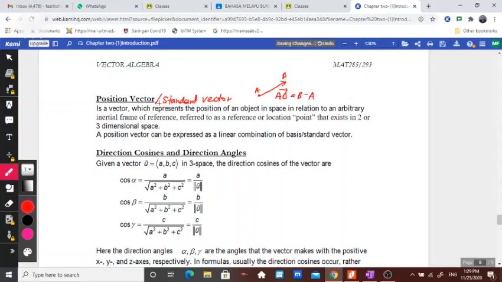For a position vector, the point A is the origin.